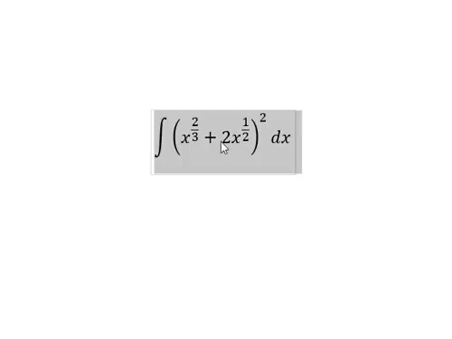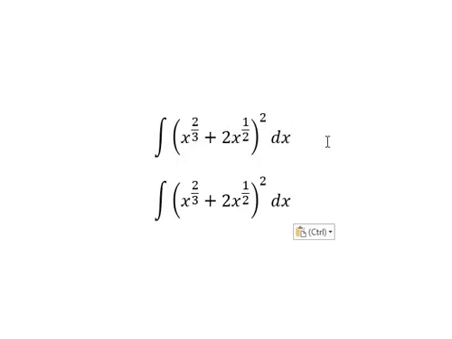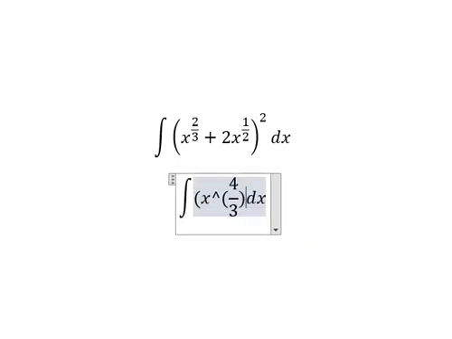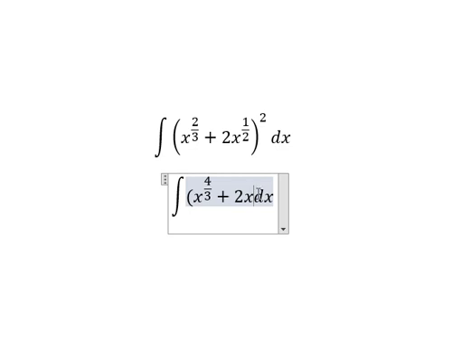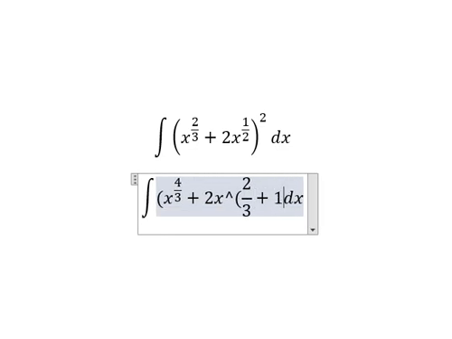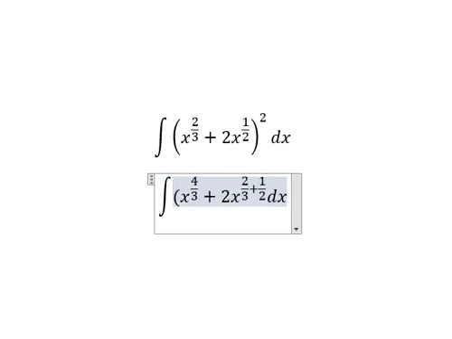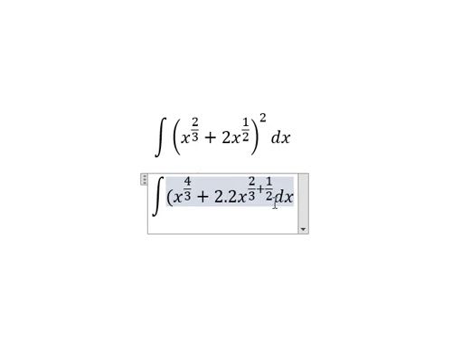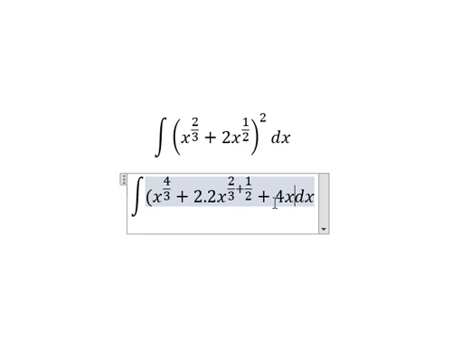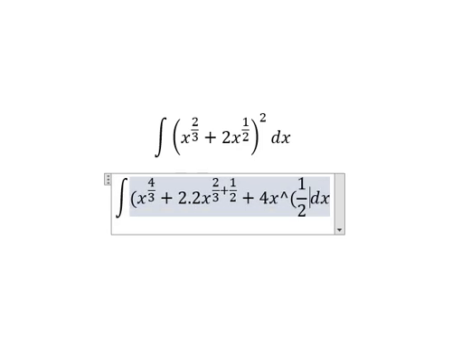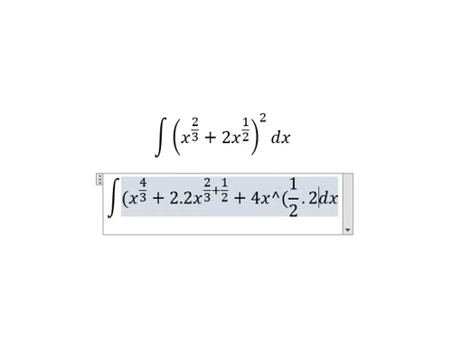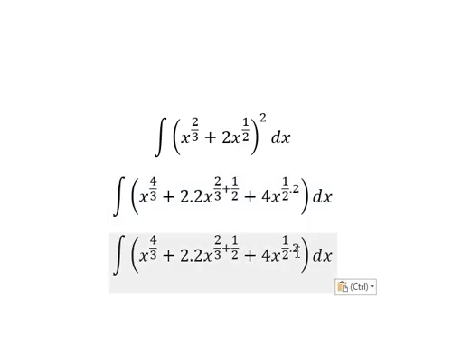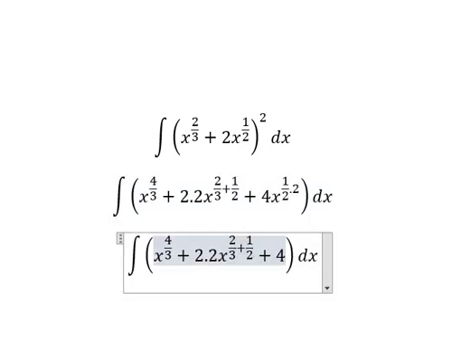Question number 2, we need to expand this one. So this one we have number 1, so we have s.